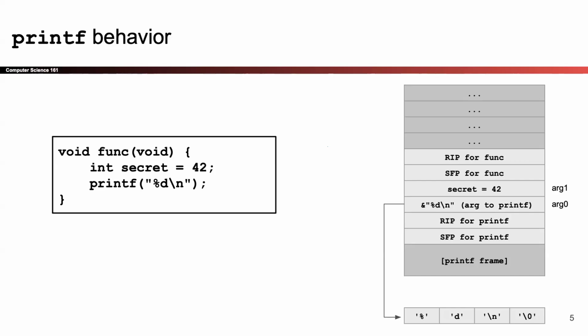So what it's actually reading is a local variable in the caller, in func. So what this code will actually do is print 42. It will leak the value of this local variable because the local variable is stored in memory at the place where printf was expecting an argument to be, but there was no argument there.